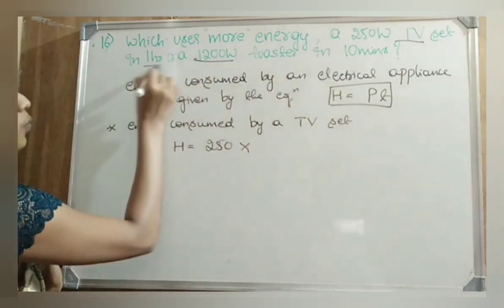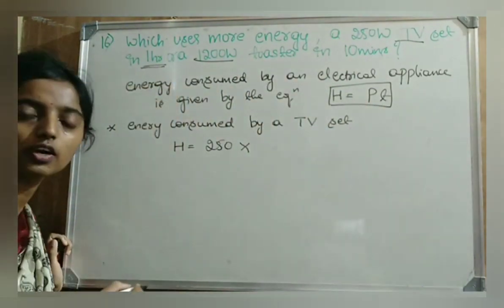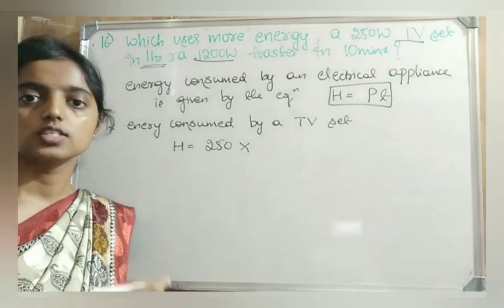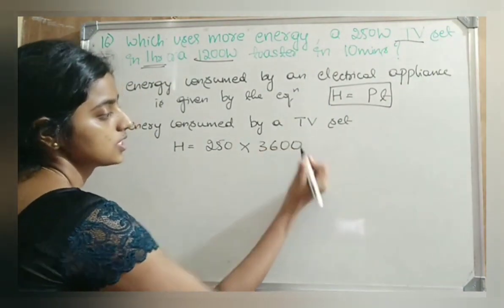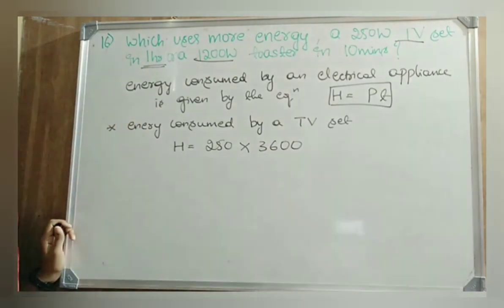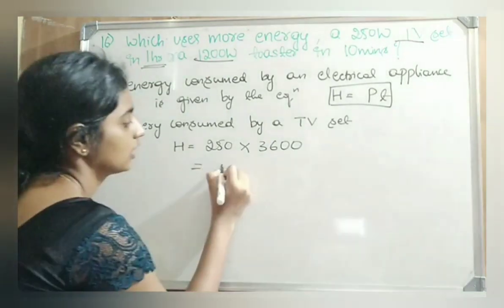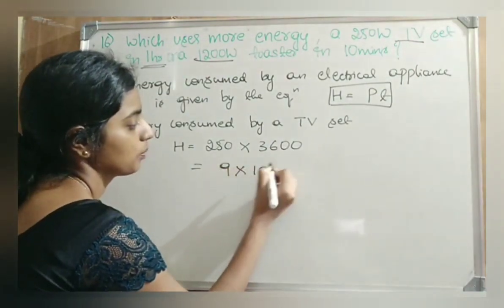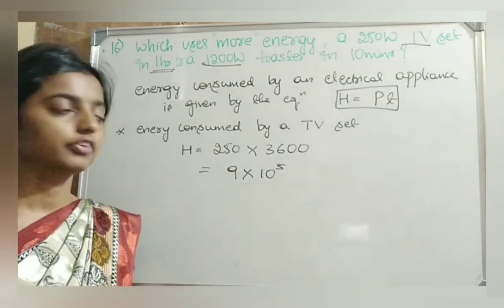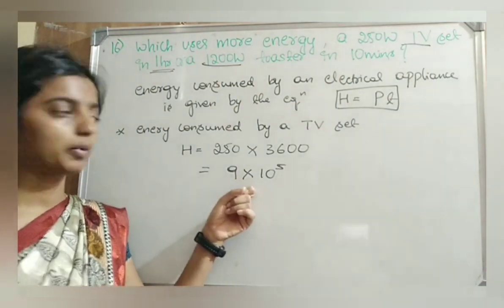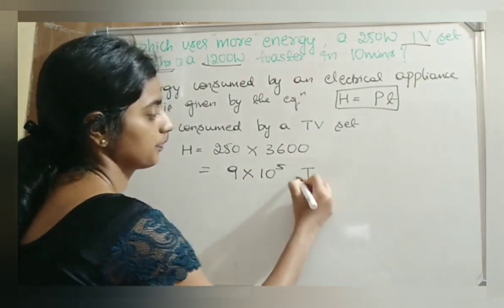How much do we have? 1 hour. How to convert this 1 hour into seconds? 1 into 60 into 60, right? We will get 3600 seconds. Now calculate, we will get 9 into 10 to the power 5. Energy consumed by the TV, we got 9 into 10 to the power 5 joules.